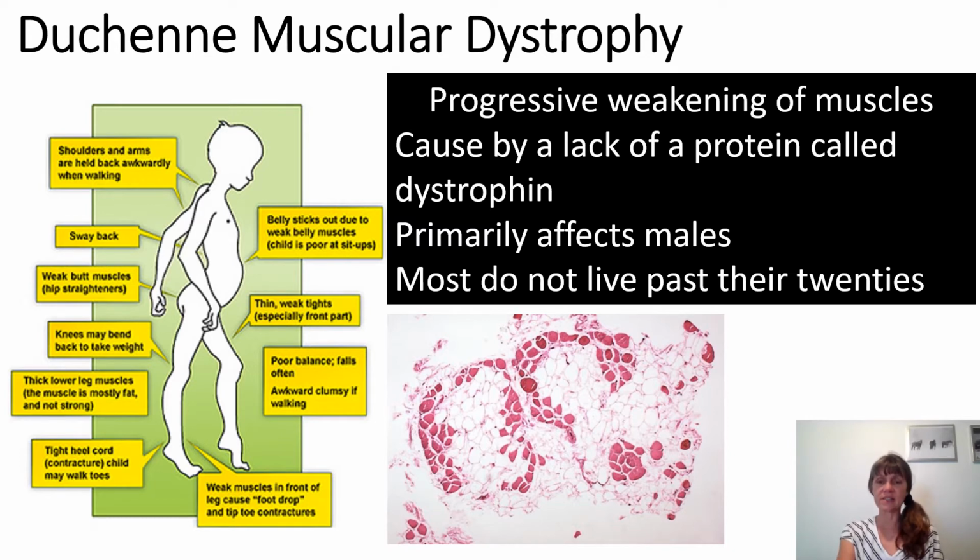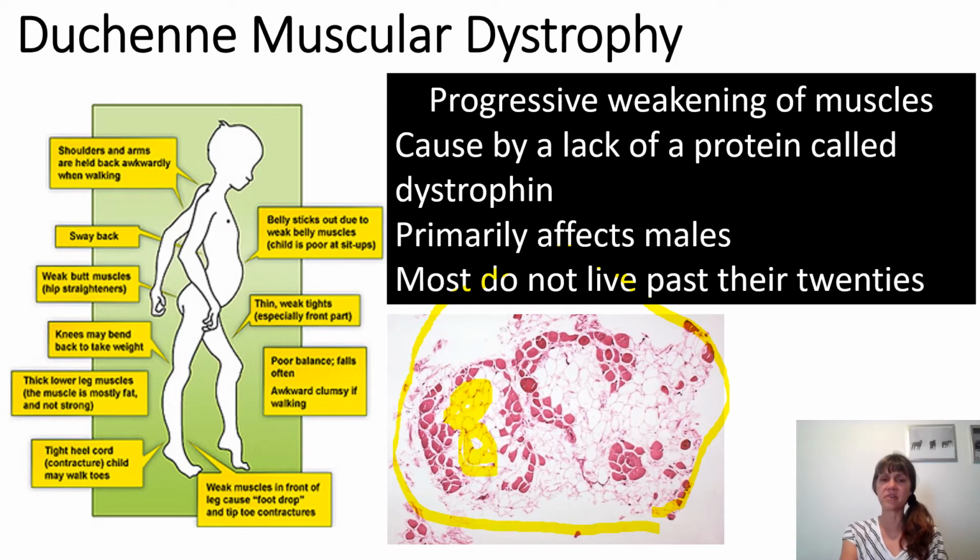In this cross-section of a person's muscle tissue with Duchenne's muscular dystrophy, you can see that a lot of the myofibrils here have been replaced with adipose connective tissue.